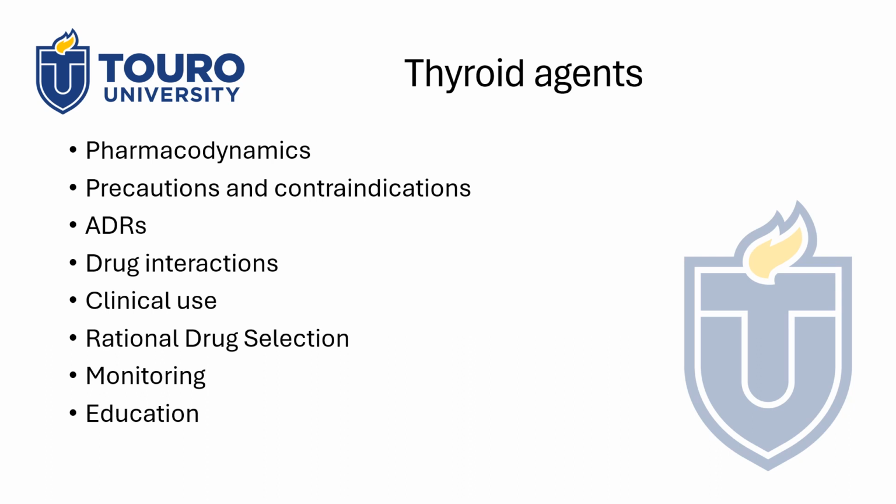Now let's talk about hypothyroidism. This is the one I think we're most familiar with. In primary hypothyroidism, there's a decreased production of thyroid hormones by the thyroid gland, causing a compensatory increase in TSH.